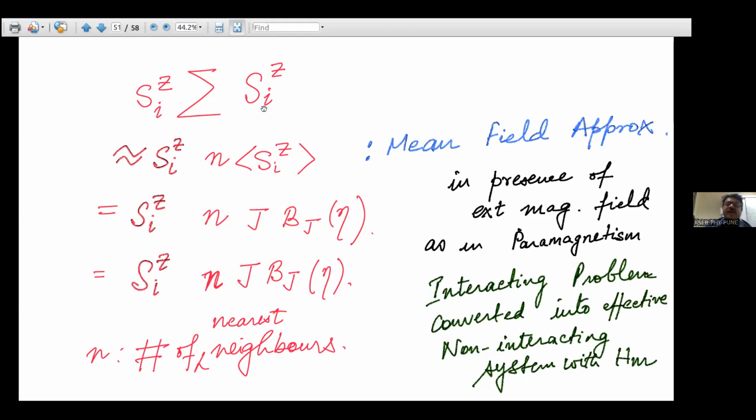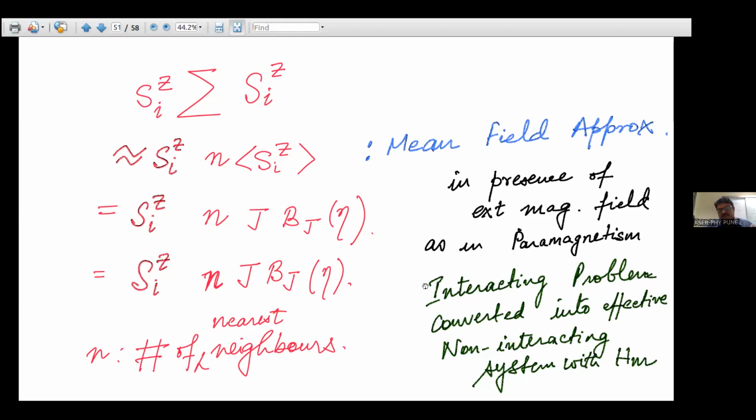It would have different values at each lattice site, but that is being replaced by a mean average value, which each spin S_iz is seeing. Each spin is seeing the same value, which is n times, if there are n neighbors, a mean magnetic moment. This is the mean field approximation. This in turn can be written as J into Brillouin function, J of eta.